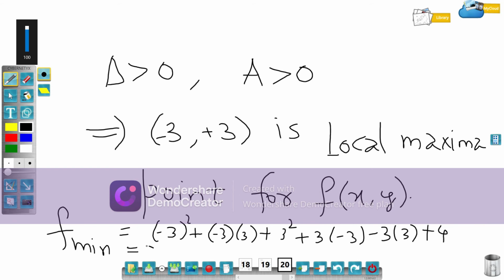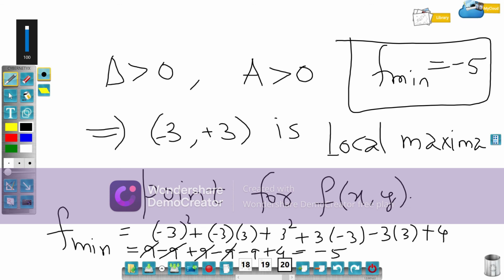So it is 9 minus 9 plus 9 minus 9 plus 4, so it is minus 5. So f minimum value is minus 5.